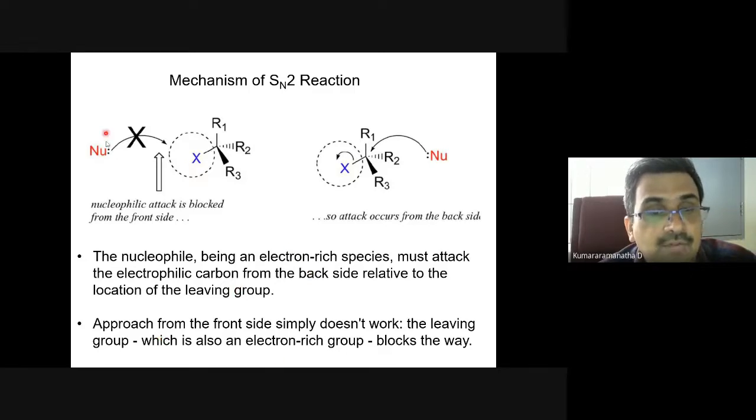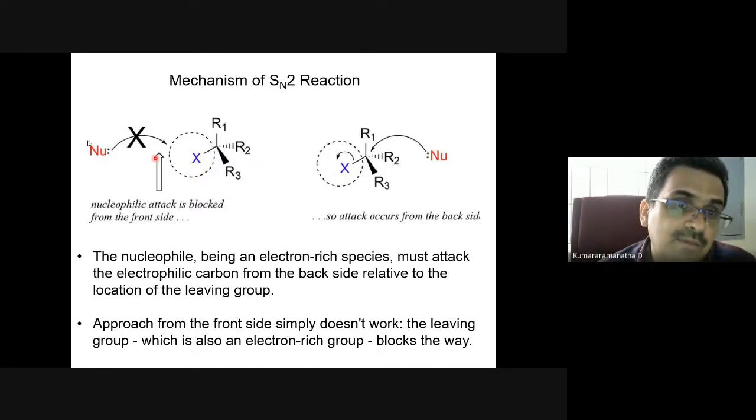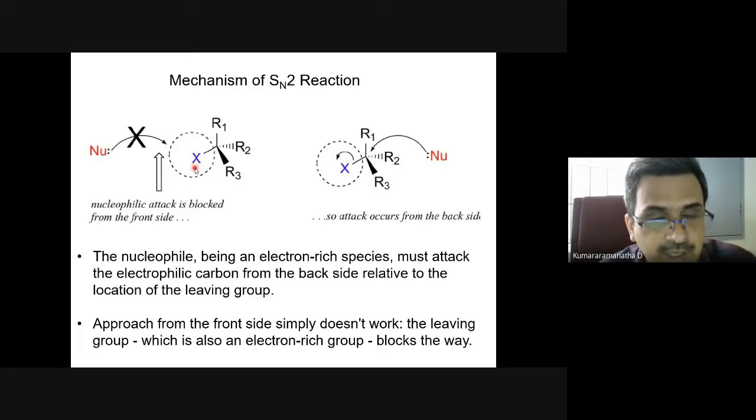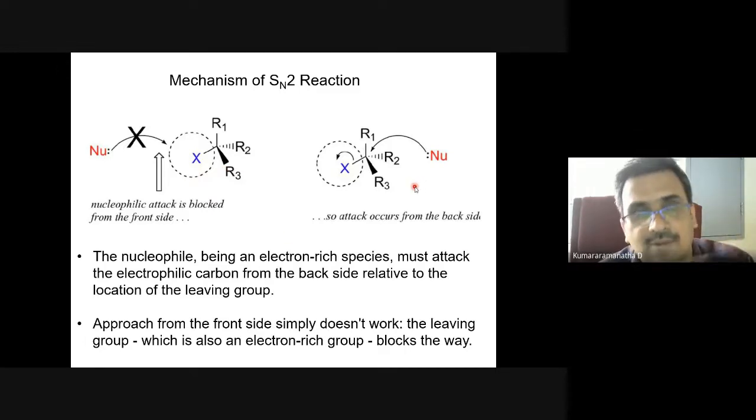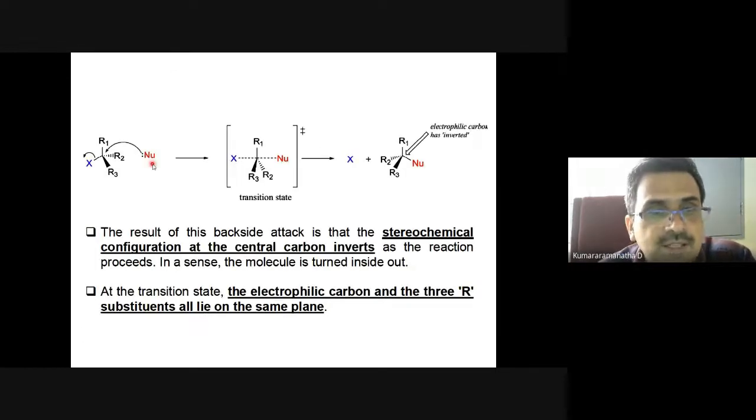The front side doesn't work because there is a blockage. You already have a halogen here. How can it come and attack again in an electron rich molecule? Repulsions will be there. Whereas the halogen is here and the nucleophile is coming from the other side, so one should leave, one can come and attack like this. So front side attack is always blocked when you have a halogen, and back side attack will work out.